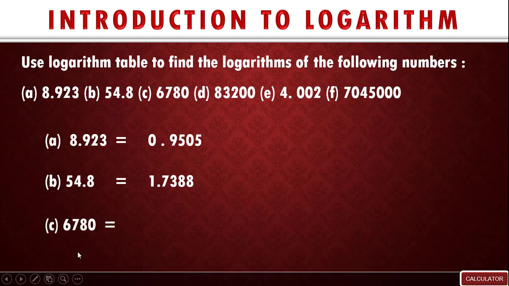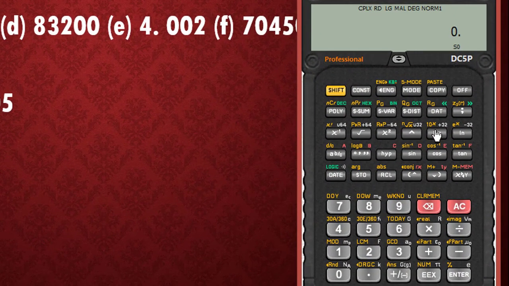So let's look at the C. In this one now, we're given 6780. To determine the logarithm, let's use our calculator to do that. If you look at this number, it is greater than 1, so we can use our calculator to do it directly. Okay, just press log.